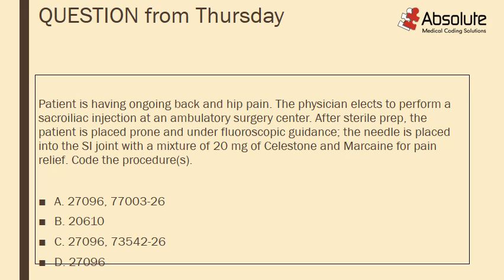After sterile prep, the patient is placed prone and under fluoroscopic guidance, the needle is placed into the SI joint, that's the sacroiliac joint, with a mixture of 20 milligrams of Celestone and Marcaine for pain relief.